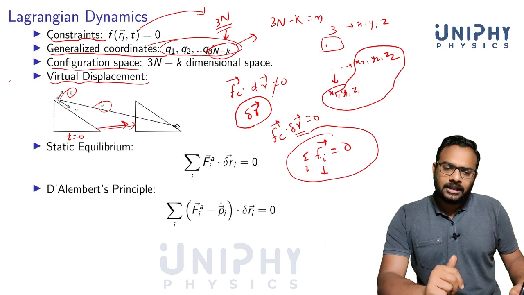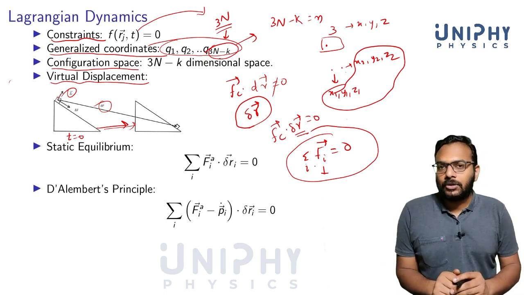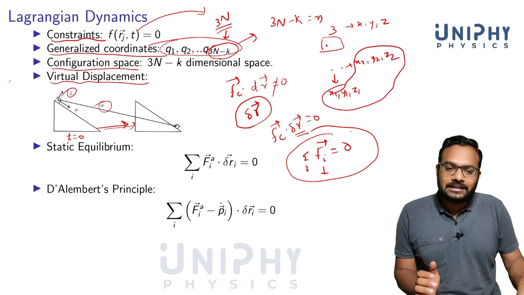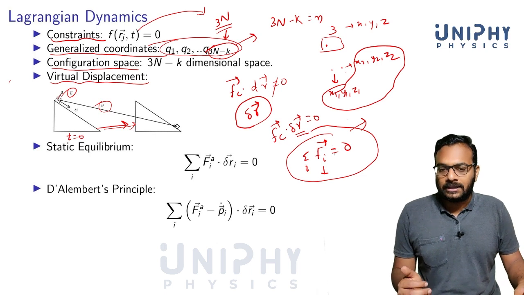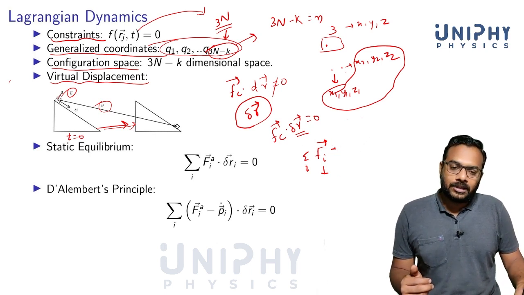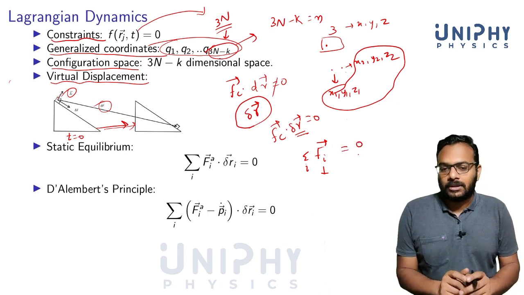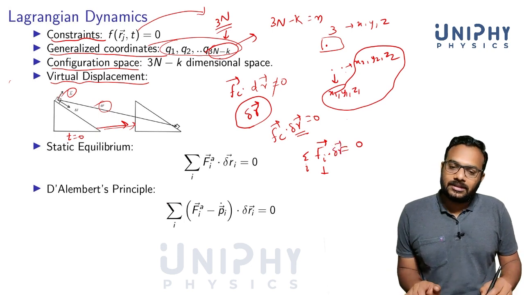There's a problem here. The problem is that there can be forces that are unknown, and we cannot really deal with this equation unless we know all the forces, especially the constraint forces. Now, how do we eliminate the constraint forces from this particular equation describing the equilibrium? So what we do is we simply take the dot product with the virtual displacement.